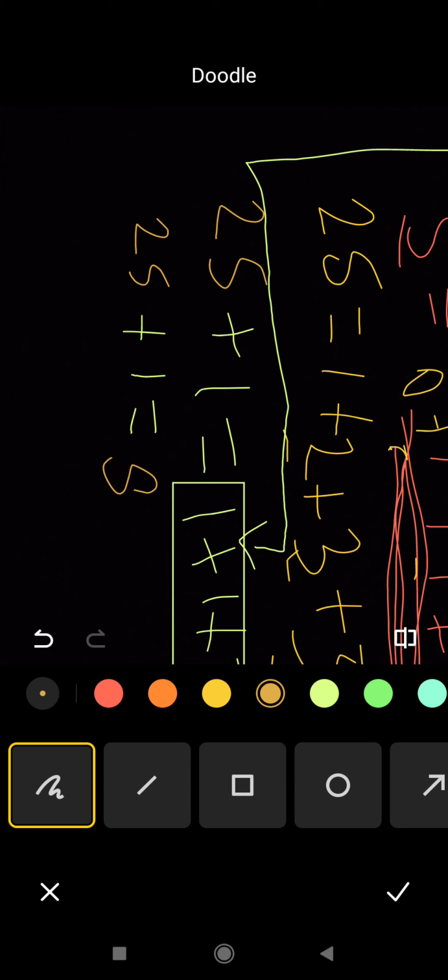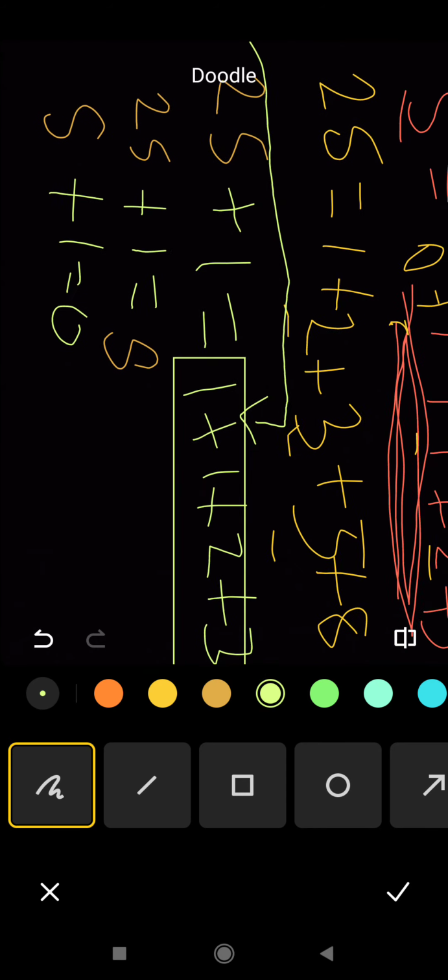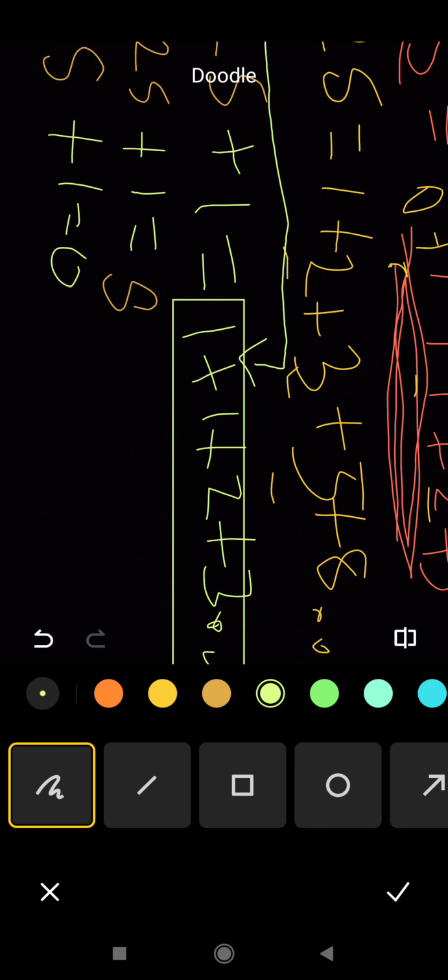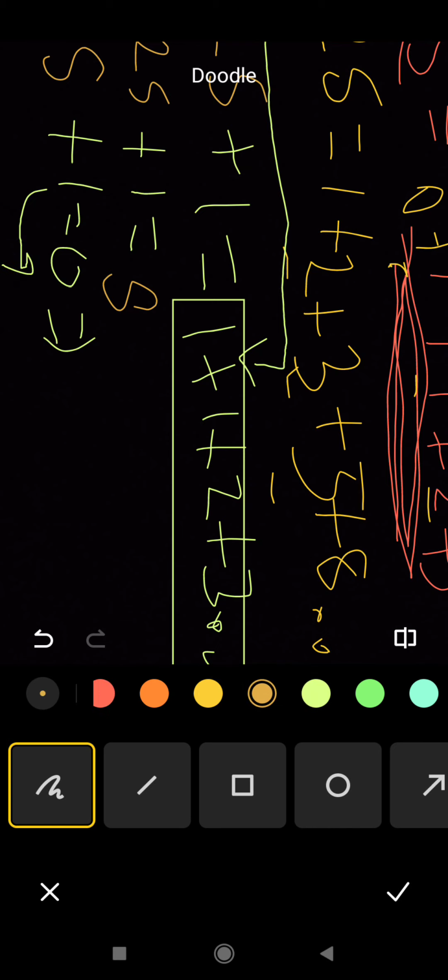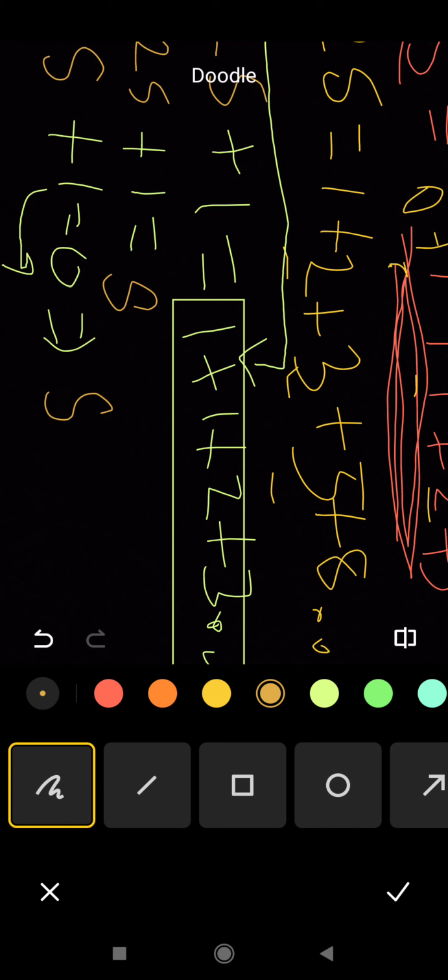This is basic algebra, so S plus 1 equals 0. Now, this is the conclusion. We transpose 1 to the right hand side, and we get S is equal to minus 1.